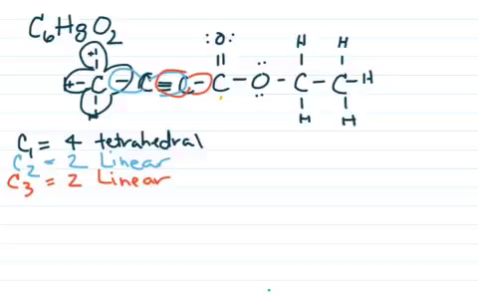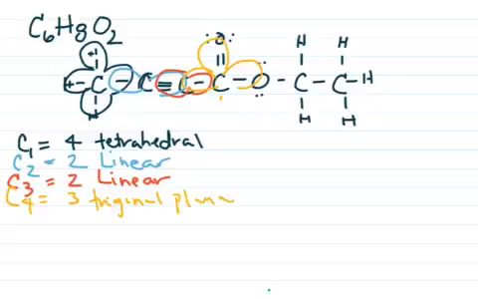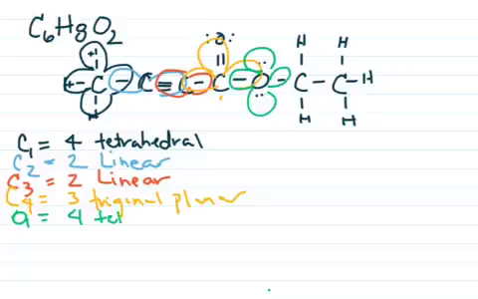This carbon right here has 1, 2, 3 things around it, so it is going to be trigonal planar. Now this oxygen right here has 1, 2, 3, 4 things around it, so oxygen 1 is also tetrahedral.